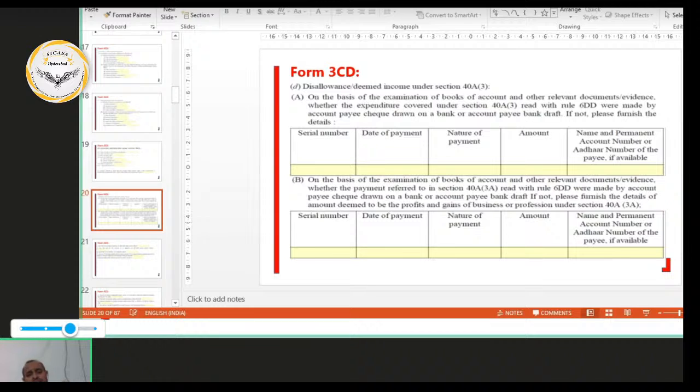Next one. Any amount of profit chargeable to tax under 41 and computation thereof. There are so many subclauses.